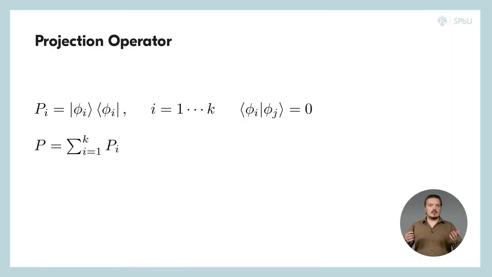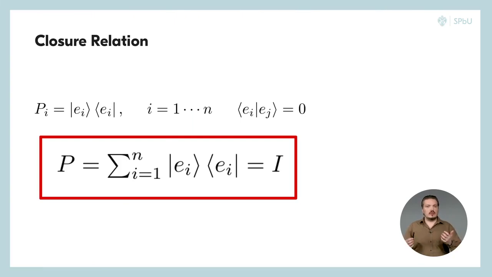Now, if we consider a set of mutually orthogonal unit vectors phi i, then for each vector phi i we can construct a projection Pi. The sum of these projections is also a projection. It projects the whole space onto the subspace generated by the set phi i. And if the set phi i forms an orthonormal basis in the considered space, then the sum of all projections Pi becomes a projection of the space on itself.